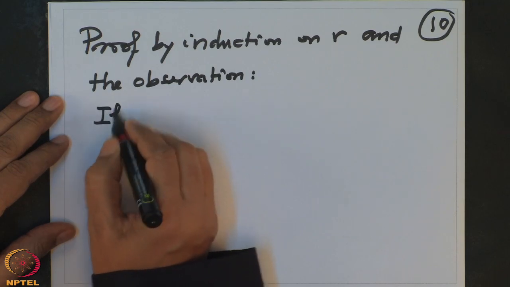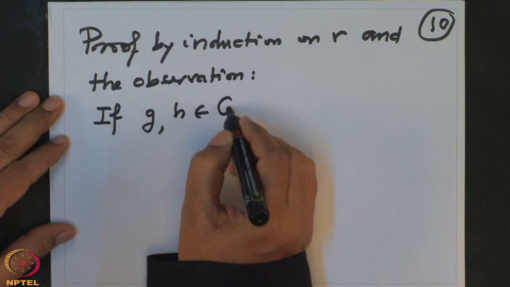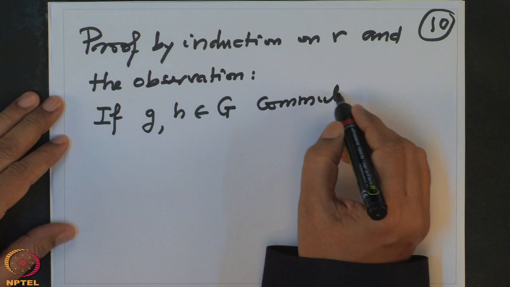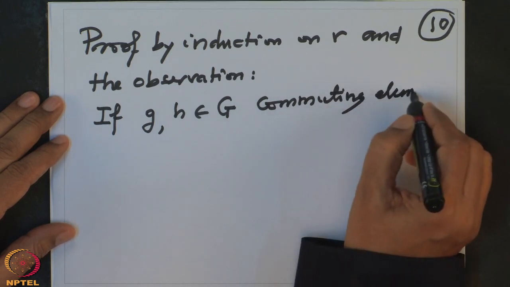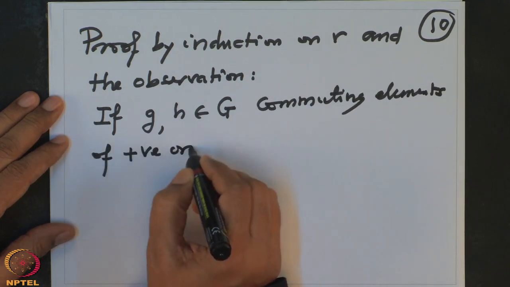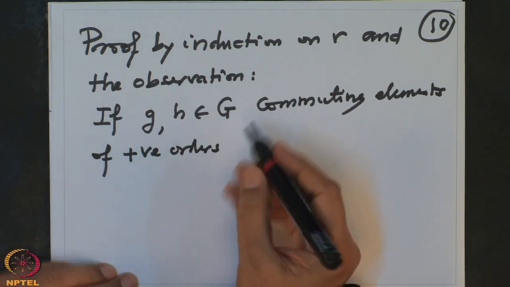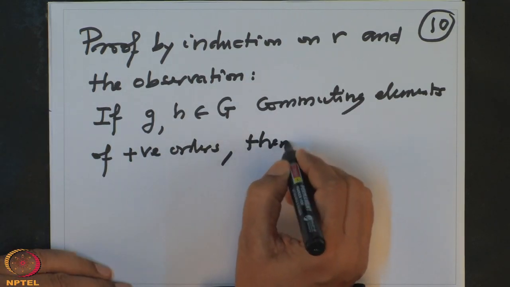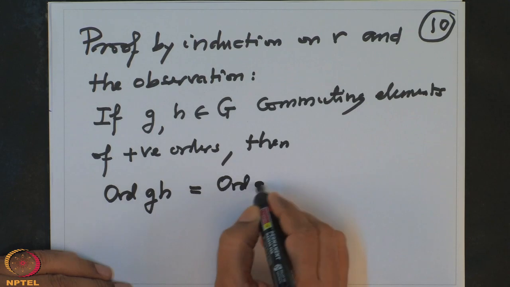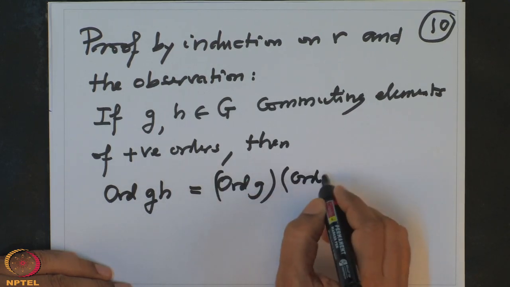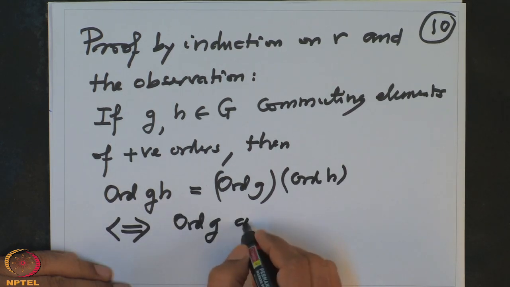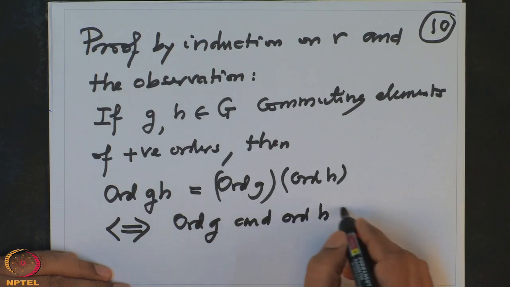If g and h are two commuting elements in a group, of positive orders, then order of the product equal to product of the orders if and only if order g and order h are relatively prime.